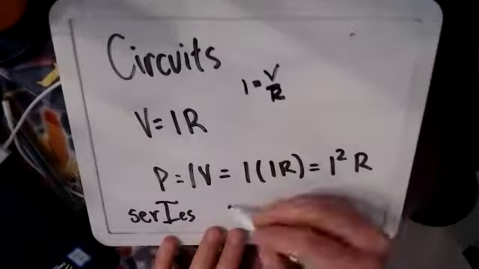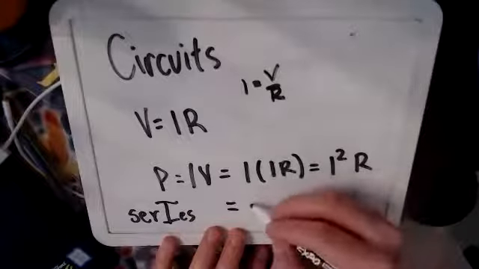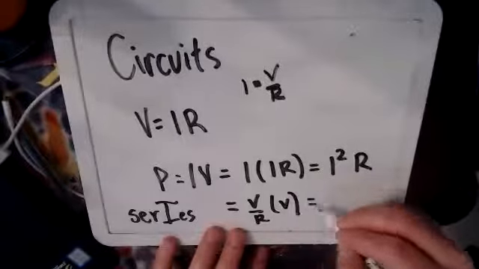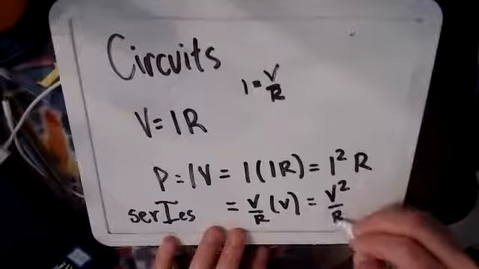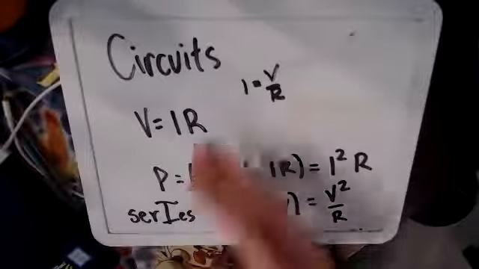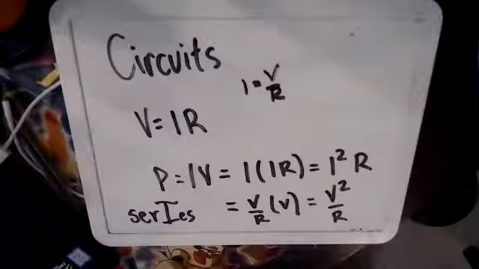Substituting that in, I can also say that we have V over R times V equals V squared over R. So that's something to keep in mind while you're using your power statement. So we have Ohm's law and power, incredibly useful tools to solve these problems.